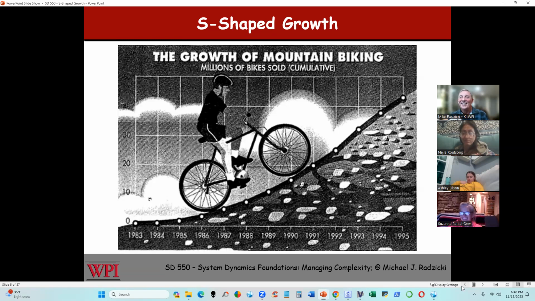But he used to brag, I'm talking 40 years ago or whatever, when we were all young, that his bike cost more than his car because he had all the Shimano gears and what have you. So, anyway, a good bike can last you very long, right? Is my point. In either case, we see S-shaped growth, right?